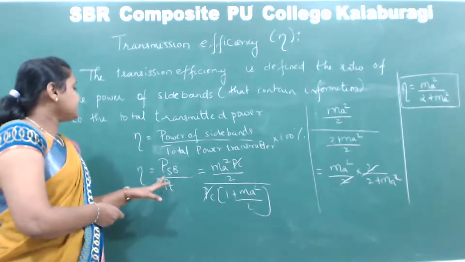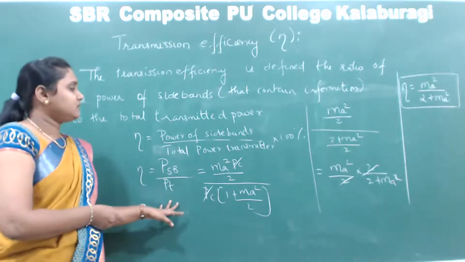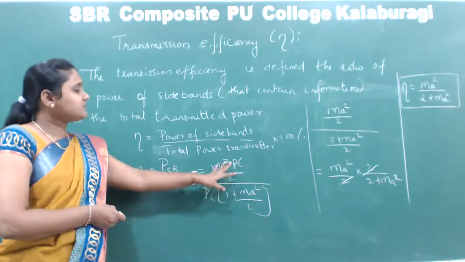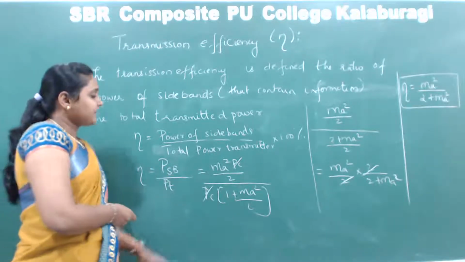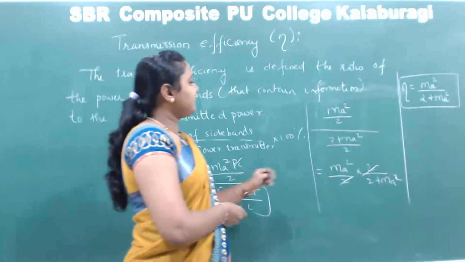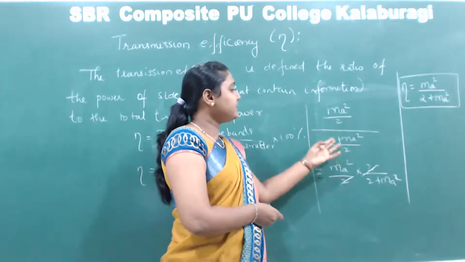So eta is given by PSB divided by PT, and PSB just now we have derived, so we substitute it there. By simplifying this, we get MA square by 2 divided by 2 plus MA square.